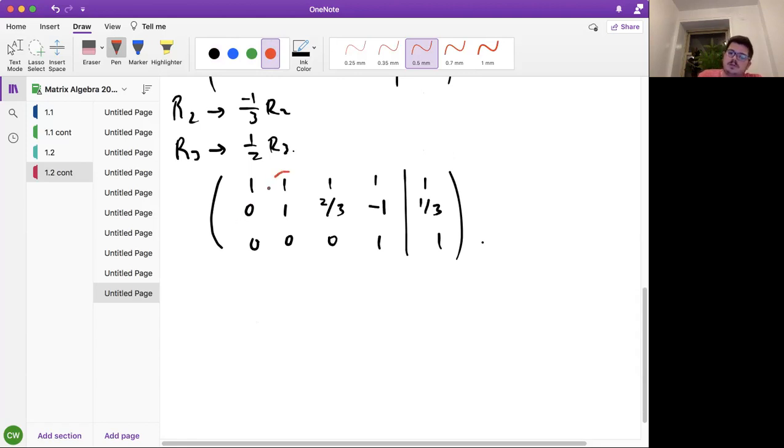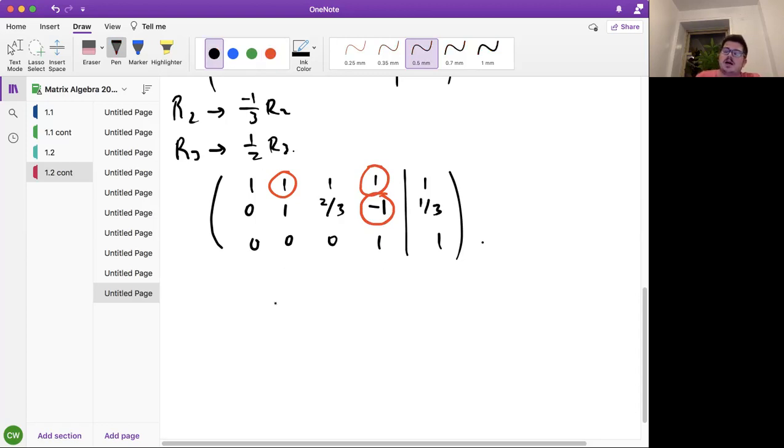A1,2. Any others? Let's call it A2,4. And what else? And A1,4. Right, both of them, because they're both entries above a leading 1.